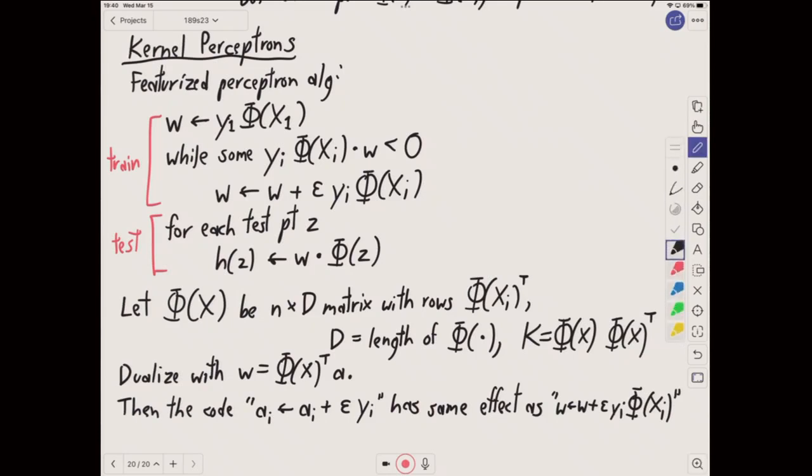So we're going to be able to replace this line of code in the primal algorithm with this line in the dual algorithm. And this is implicitly true because this is how we define w.